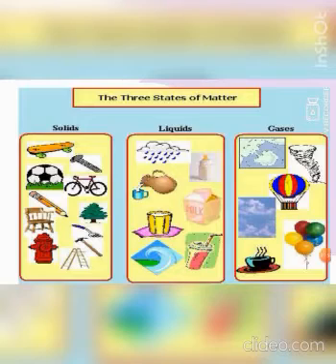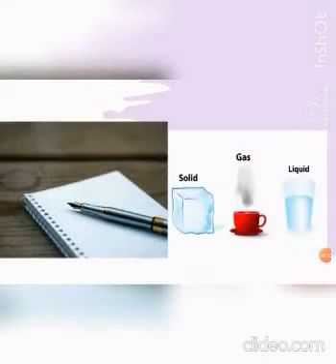Examples of liquids: rainwater, milk, juice, river. All those are in liquid form. Gaseous examples: hot air balloon, air, wind, coffee vapor. All those are said to be in gaseous form. So matter has three states.